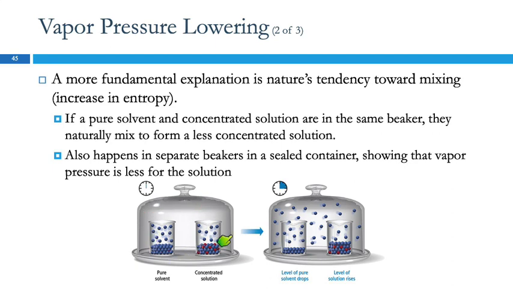And if we just leave these, and we come back, might be hours later, we'll see that the level of liquid in the concentrated solution container has gone up, and the level of liquid in the pure water solution has gone down. And nobody snuck in here and moved water from one to the other. The water did travel through the air to over here.